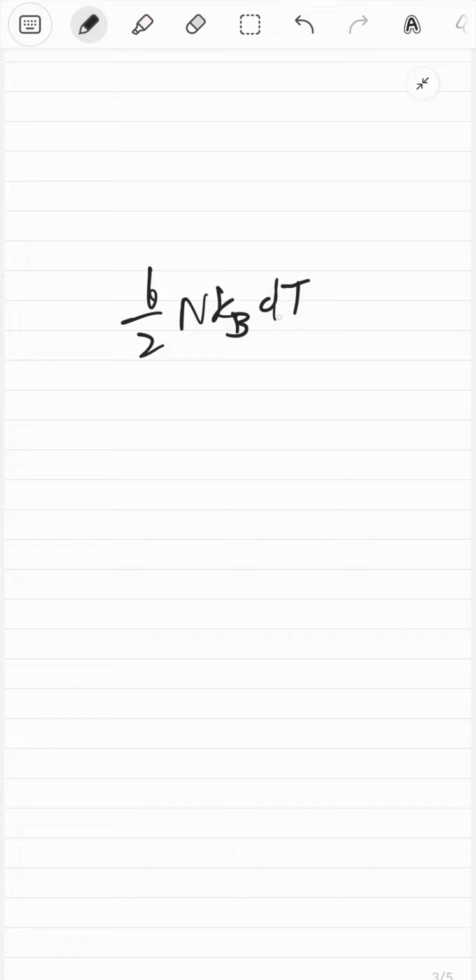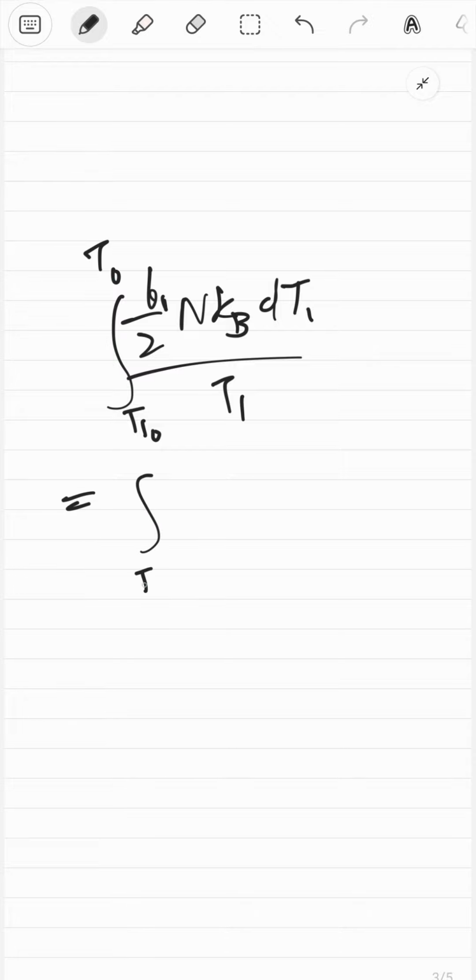So once again, what we can see is it's F1 upon 2 basically, dT1 upon T1, going from T1 naught to TF, and that's equal to, from T2 naught to TF, C2 of, so C2 is just this thing, right? F2 upon 2 NkB dT2 upon T2.